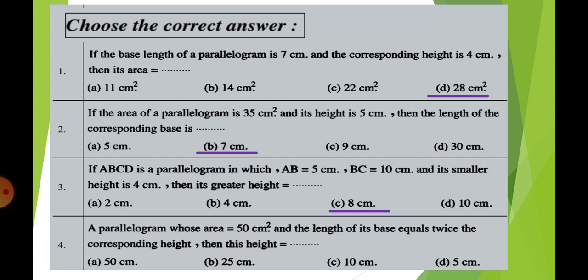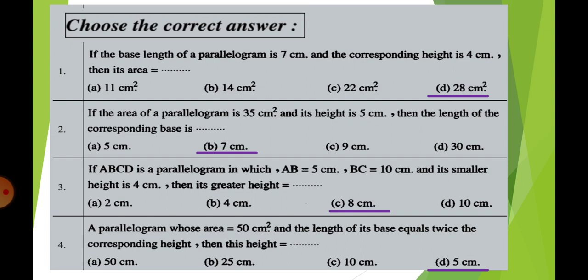Then we can write the area 2x squared equals 50. Then x squared equals 25. Then x equals 5 centimeter. Then the height equals 5 centimeter and the base equals 10 centimeter.